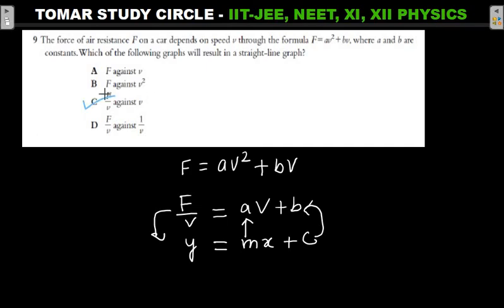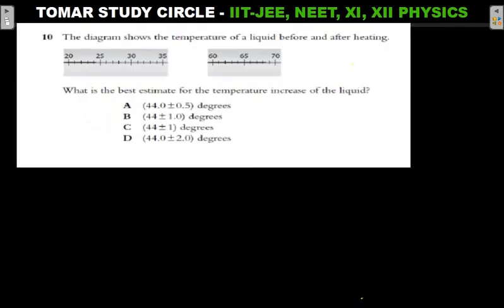Okay. The next question, or last question, is here. The diagram shows the temperature of a liquid before and after heating. Before heating, the temperature was approximately 24 degrees, slightly more than 24 degrees. And after heating, the temperature will be approximately 68.5 degrees.